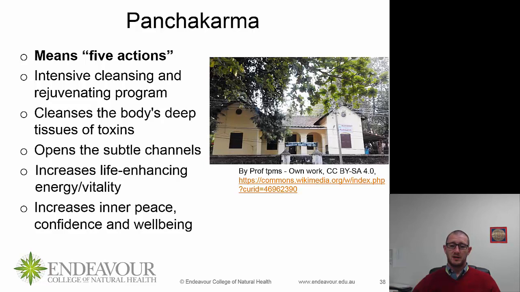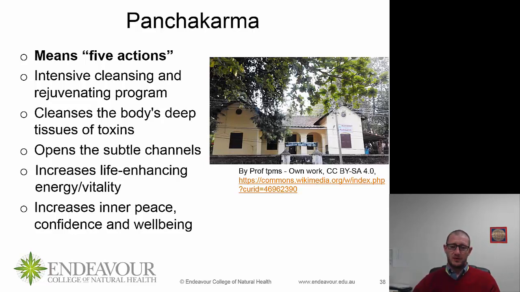The body is actually prepared for the detoxification over a 3 to 5 day period in general treatment, where there's an application of oils and massage, sweating is induced, all to start that process of stimulating toxin release.